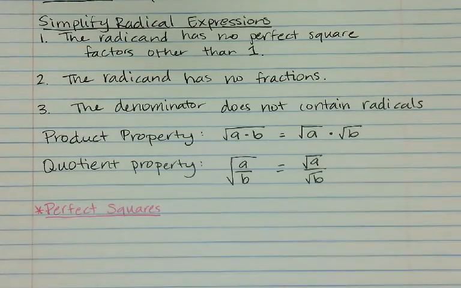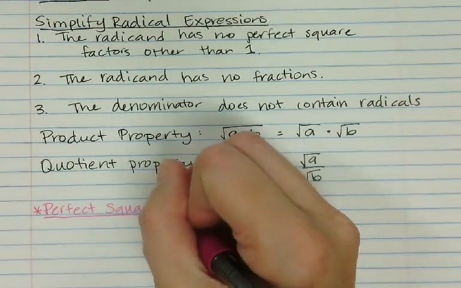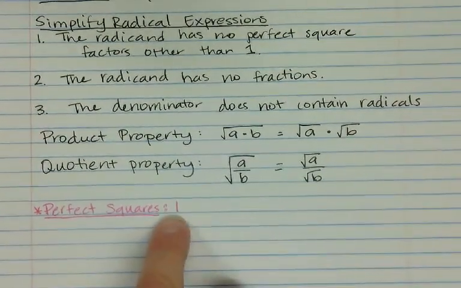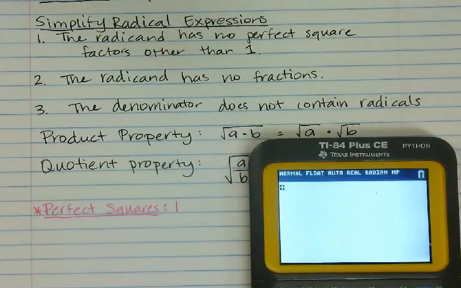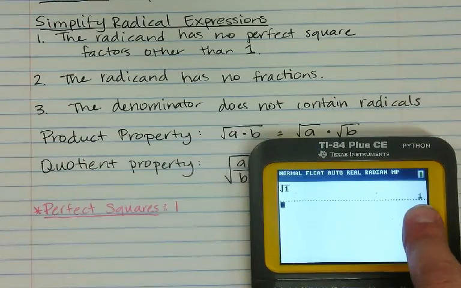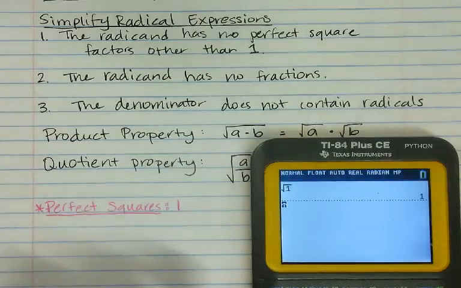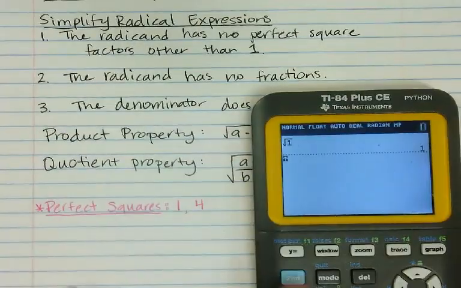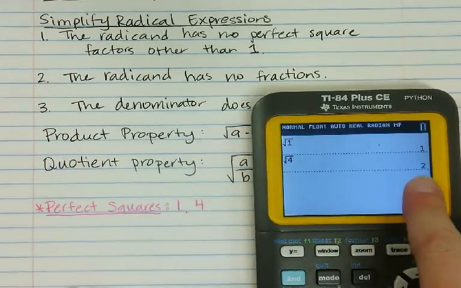I have some of them listed over here on the side wall. But guys, 1 is a perfect square because the square root of 1 is 1. All right, 4 is a perfect square because the square root of 4 is 2.